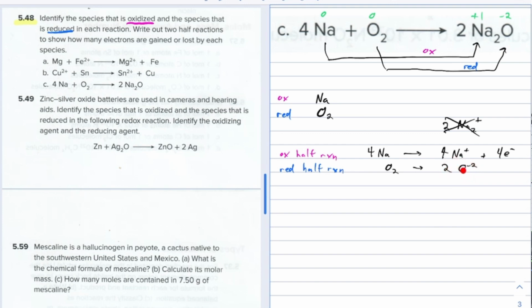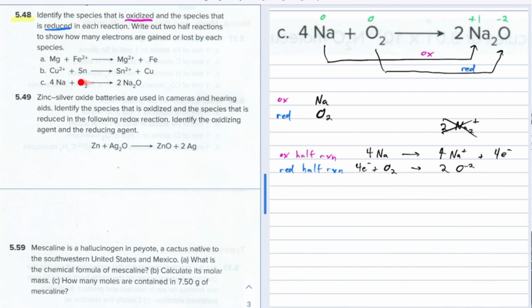Okay, that's a total of, you got 2 -2 charges. It's a total of -4. For this neutral molecule to turn into something that has a -4 charge, it must have gained 4 electrons. So this part C is kind of tricky, okay, for this one right here. But that's how you do it.